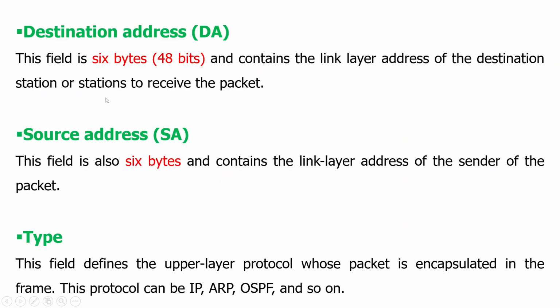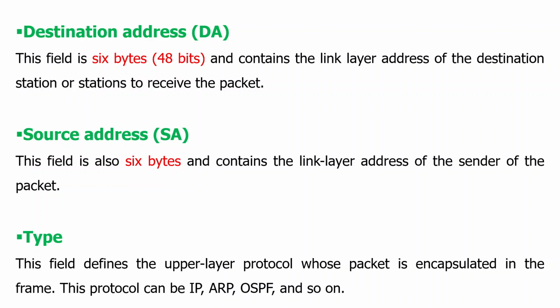After synchronization happens between the receiver and the transmitter, the receiver identifies the next 6 bytes of the frame as the destination address. This contains the link layer address, since the data is transmitted as a frame working at the data link layer.